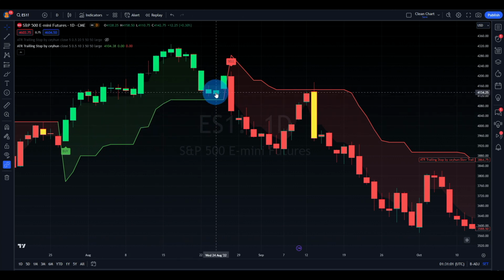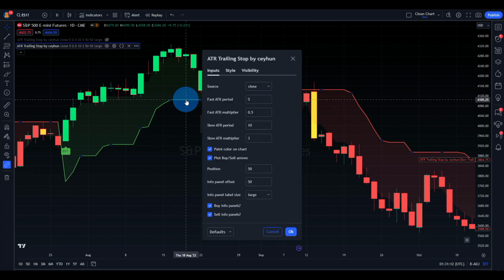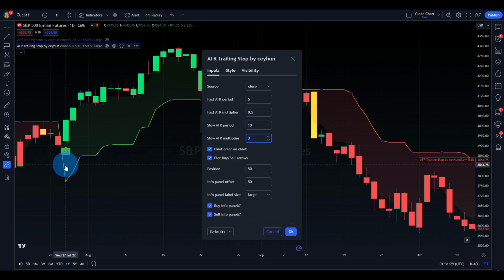If that stop loss gets hit, then we flip and calculate from the low plus the ATR. We can click on this, and of course, you can customize it. In this case, I have the 10-period ATR with a multiplier of 3. That means I have 3 times the average true range of the past 10 days plotted on the instrument.